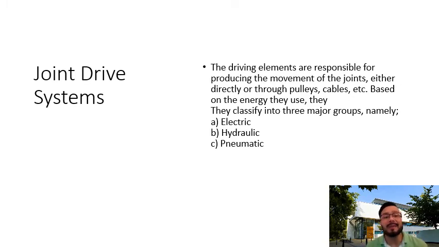The hydraulic and pneumatic drive systems use devices such as linear pistons and rotary vane actuators to move the joint. Pneumatic drive is typically limited to small robots used in simple part transfer applications. Electric drive and hydraulic drive are used on more sophisticated industrial robots.